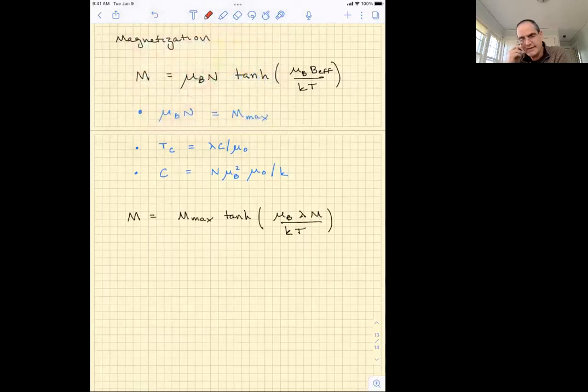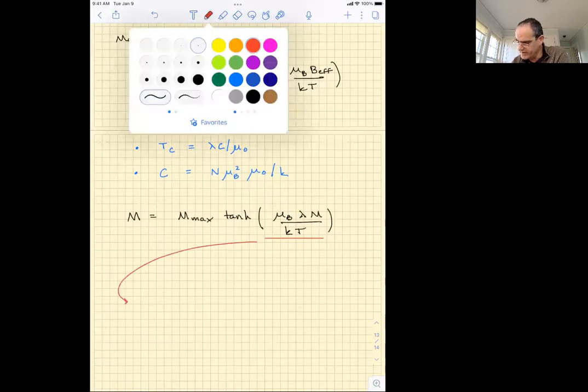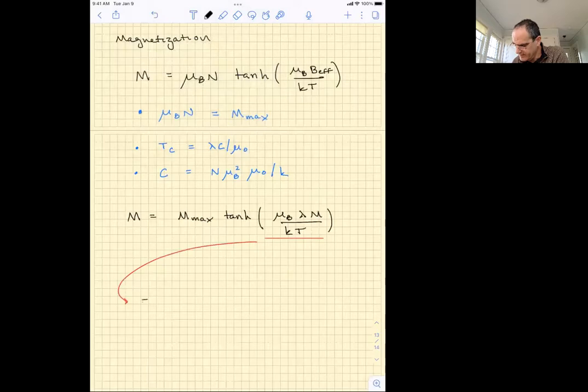It's a little complex, you know, because look, the magnetization appears on both sides of the equation. Okay? We can make the behavior even more clear if we rewrite this a little bit more. Here, let's focus on the argument of the hyperbolic tangent function first. So the argument of this function is equal to mu B lambda M over kT.